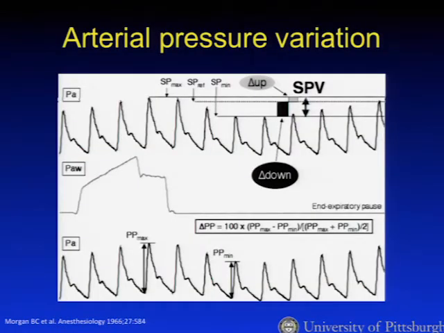These respiratory changes in arterial pressure during mechanical ventilation are more pronounced during hypovolemic states and are the basis for all of these methods of determining volume responsiveness, whether it be systolic pressure variation, delta down, pulse pressure variation.